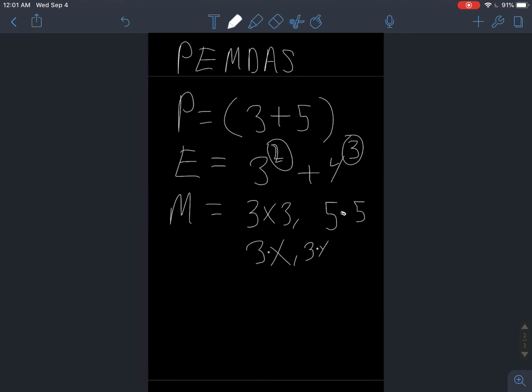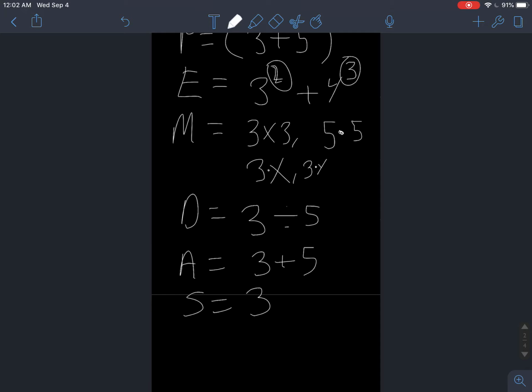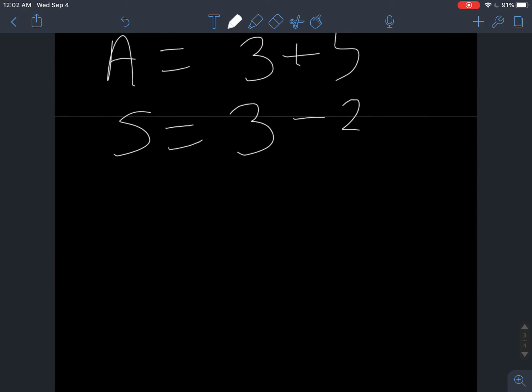And then what's next? After multiplication, you have division for D, so like 3 divided by 5. Addition for A, like 3 plus 5, and subtraction. Okay, this is very important.